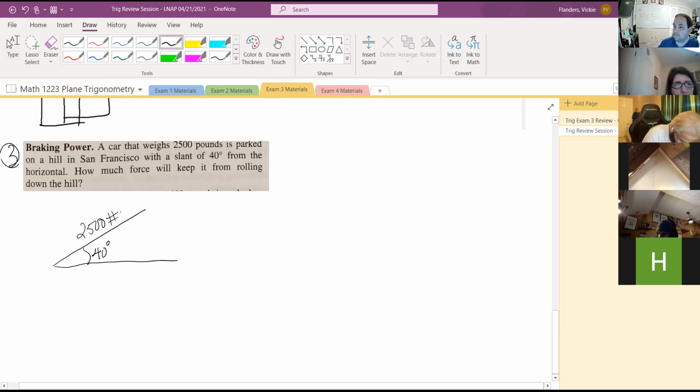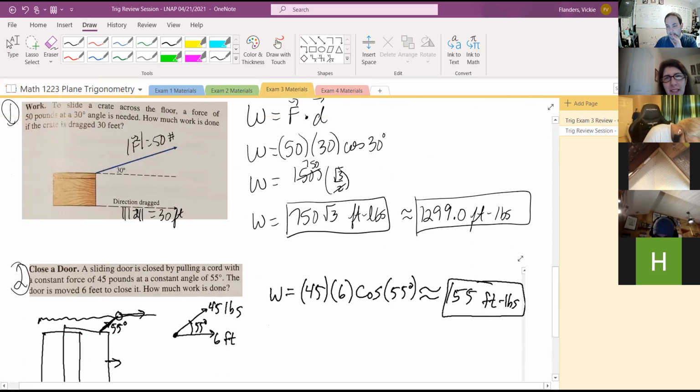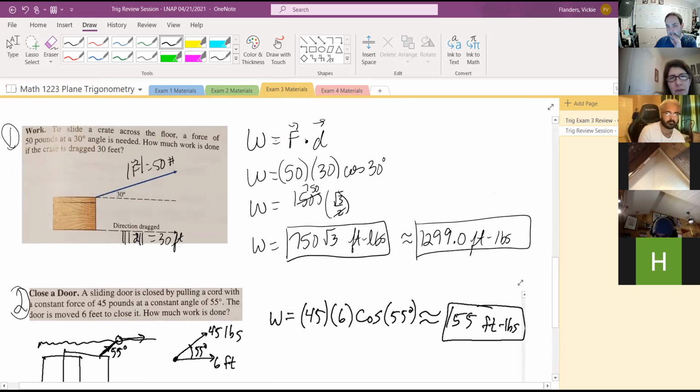So how much force will keep it from rolling down the hill? These work problems are a little bit harder. Whenever we said F dot D, that F part is the 50 cosine 30 degrees.